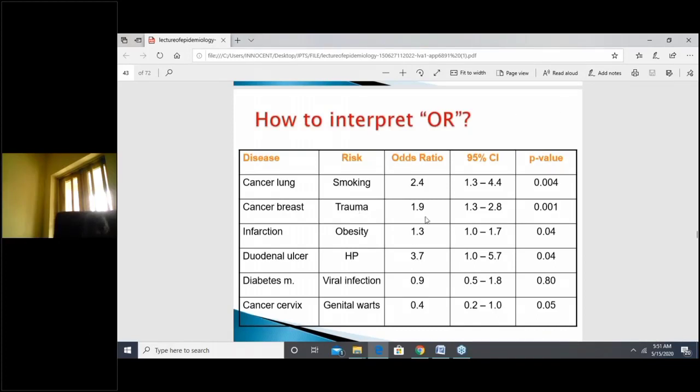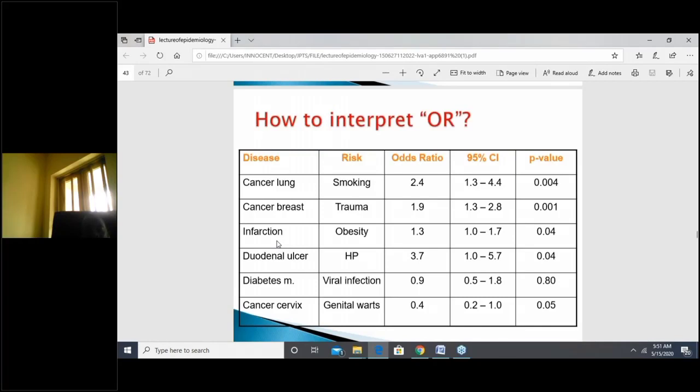What is the odds ratio? 1.9, with interval 1.32 to 2.9. Infarction, that's death of the heart muscle, called myocardial infarction. What is the risk factor for infarction? Obesity. What's the odds ratio? 1.3.